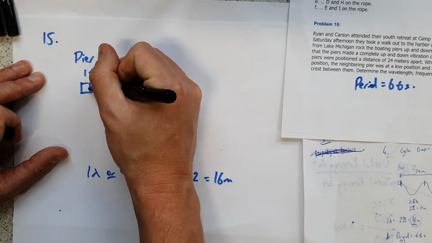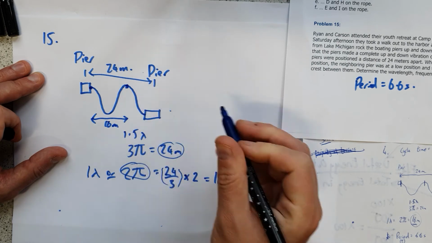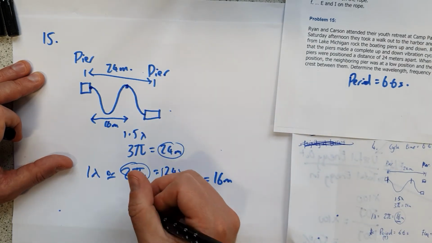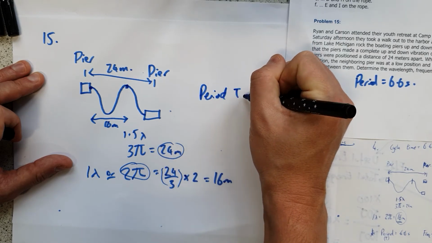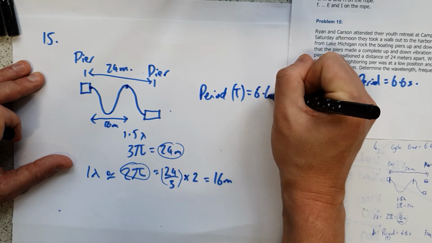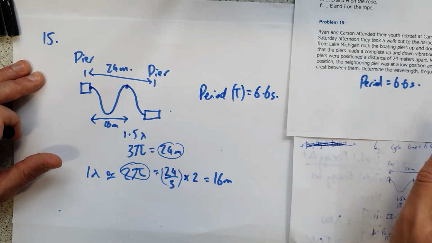So that wavelength from here to here is 16 meters. Okay, and we know the period, which is T, is 6.6 seconds. It tells you that because one complete cycle takes 6.6 seconds.